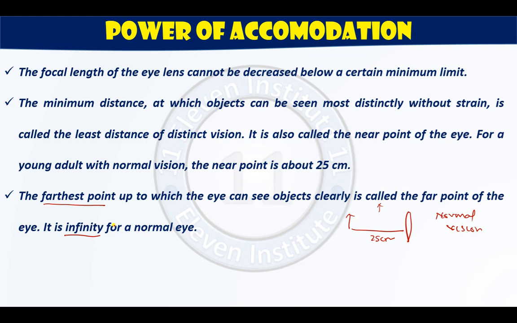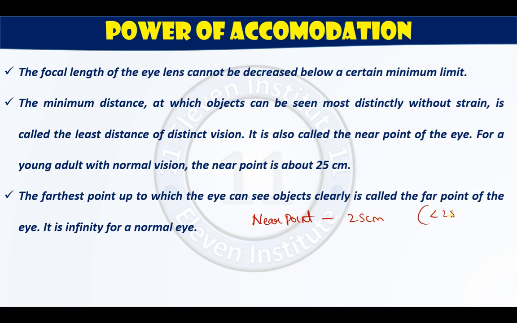So the distance till which we can see without any problem, that farthest distance is up to infinity, and that infinity is known as our far point. So we have to remember two things from this: the near point of the human eye and the far point of the human eye. Near point is 25 centimeters.